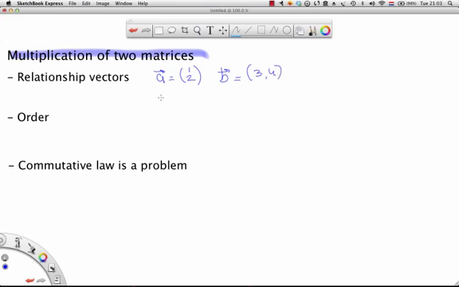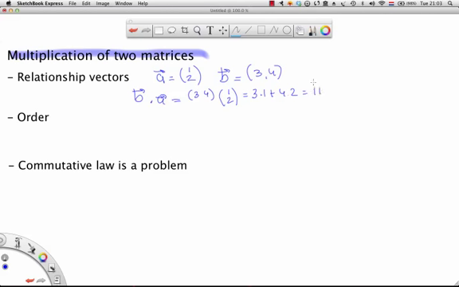Now if I multiply these two vectors, you get in fact something similar to the multiplication of the matrices, because again you have 3 times 1 plus 4 times 2, which again is 11.